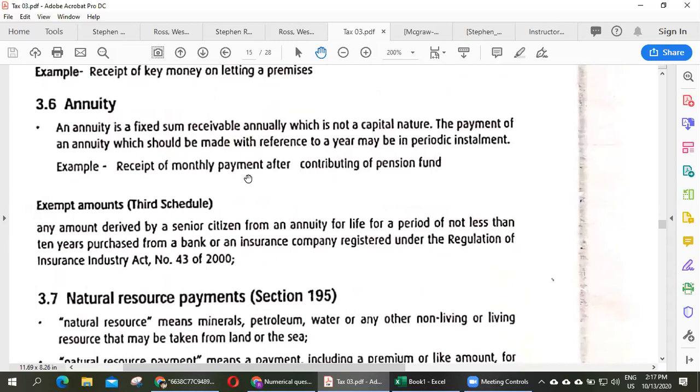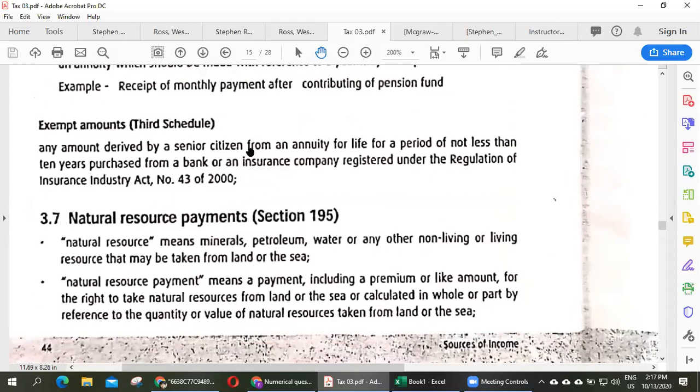Exempt amount: any amount derived by a senior citizen from an annuity for life or for a period of not less than 10 years purchased from a bank or an insurance company registered under the Regulation of Insurance Industry Act No. 43 of 2000.